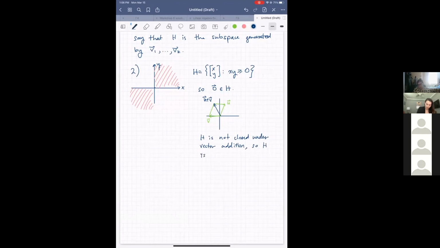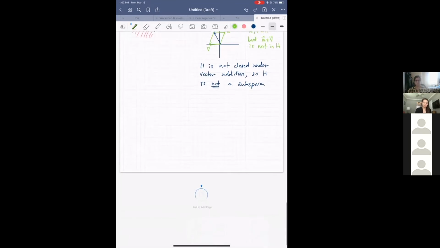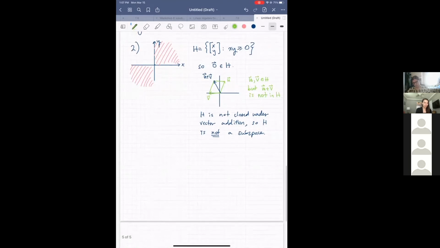So H is not a subspace. Maybe to make this more precise, u and v are both in H, but u plus v is not in H.